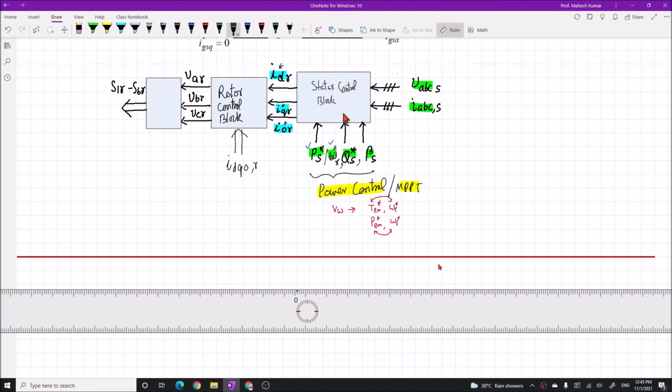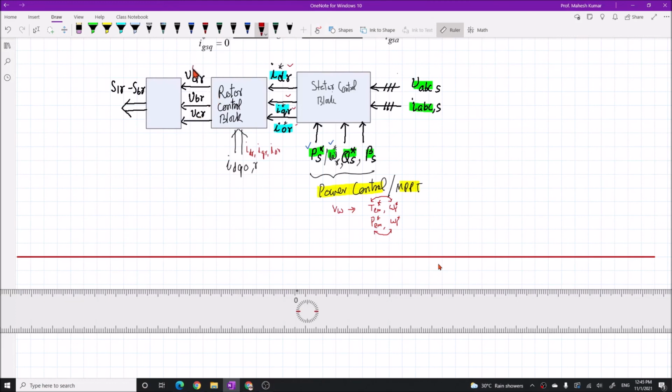That generates the reference current for the rotor, and these quantities are compared with their actual values, IDQ0R actual. So we have here IDR, IQR and I0R. These quantities are compared, and based on that we generate the voltage templates for the rotor side inverter or rotor side converter.